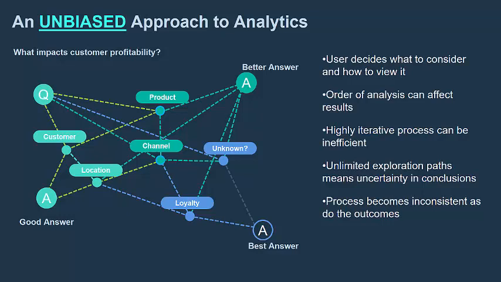Or maybe it's some combination of factors that the analyst didn't even consider a possibility due to their bias. And that's where Watson Analytics comes into play, because it removes that bias and helps reveal those unforeseen patterns and relationships. And it does that by automating the data science and predictive analytics techniques, directing users to the answers that matter most.